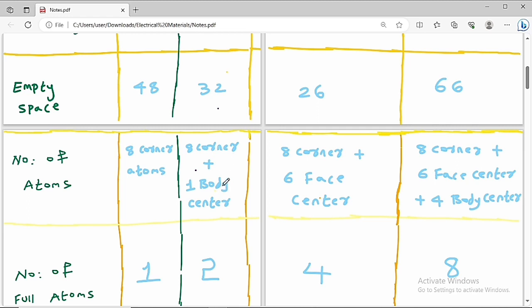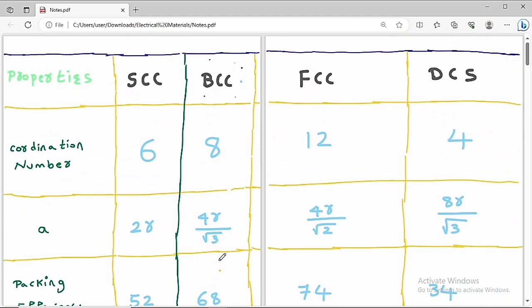Because 1 corner atom contributes 1/8 portion of the volume of the atom in one unit cell, and the body center atom is completely present in the unit cell. So how many full atoms are there? 8 into 1/8 plus 1, which is 1 plus 1, equal to 2. So 2 full atoms are present in the case of the BCC.